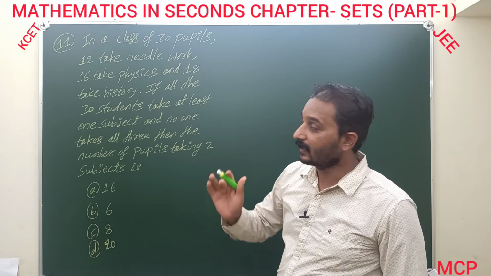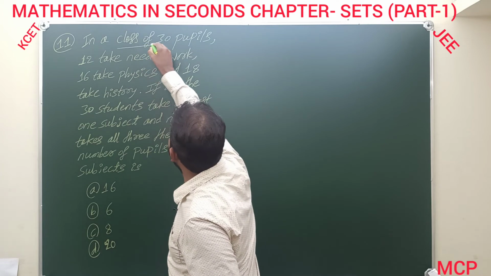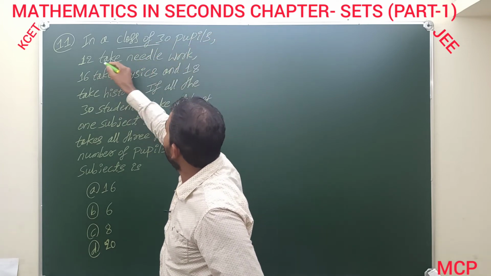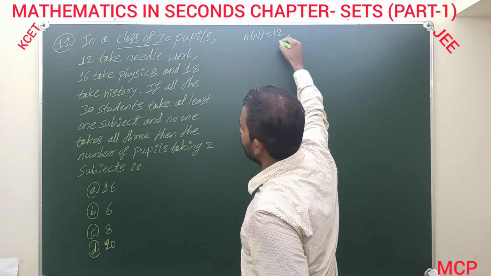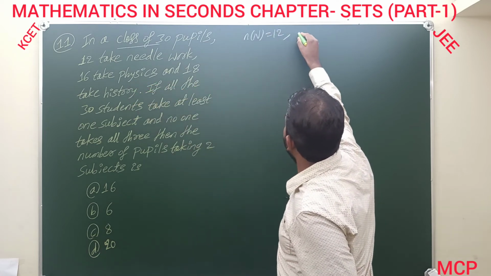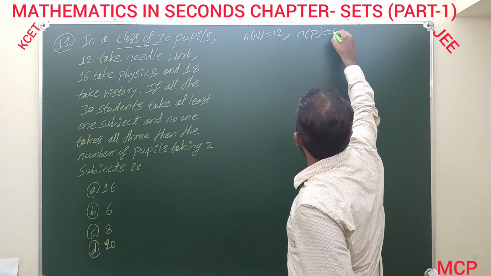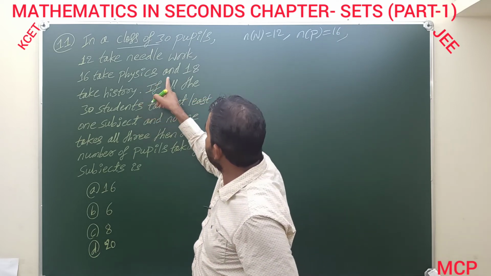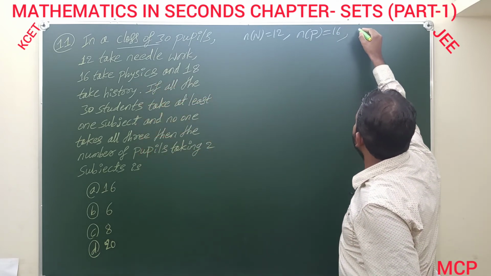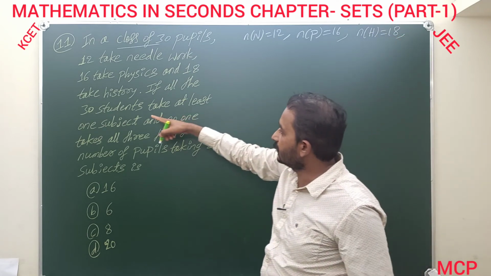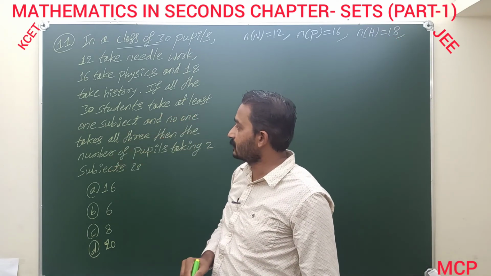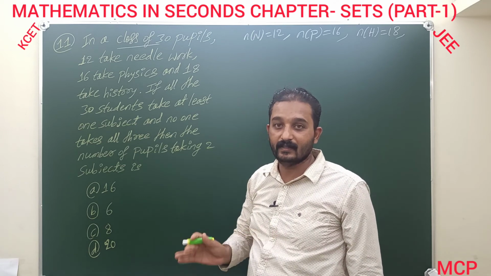In a class of 30 pupils, 12 take needlework, N of N is 12. 16 take physics, N of P is equal to 16. And 18 take history, N of H is equal to 18. If all the 30 students take at least one subject, means here complement is not there.